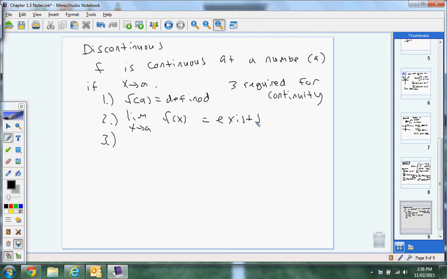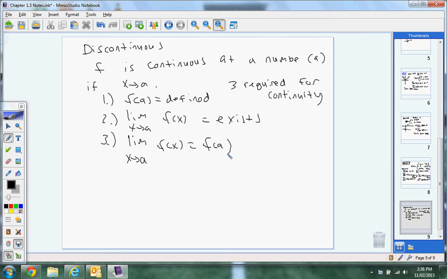Yes. These 3 things need to happen in order to prove continuity. If it doesn't have a limit, then it is discontinuous. And then the third and final thing, which we've already done, this is the one that you guys know, limit as x approaches a of f of x needs to be equal to f of a. So just plugging a in for x, it is continuous.